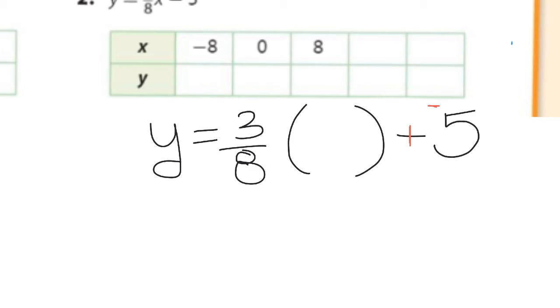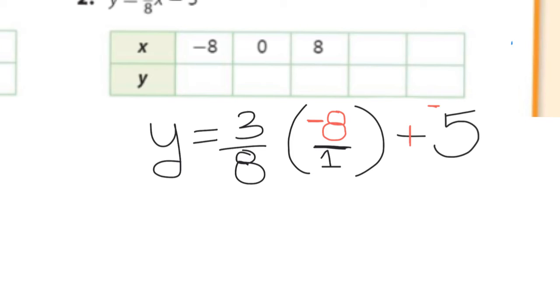So the first number I'm going to place in here is a -8. Now, since I'm going to multiply a fraction times a whole number, I'm going to make that whole number into a fraction also by simply putting a 1 beneath it. So now I'm multiplying two fractions together.